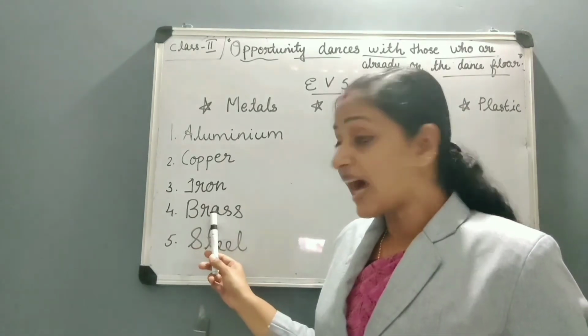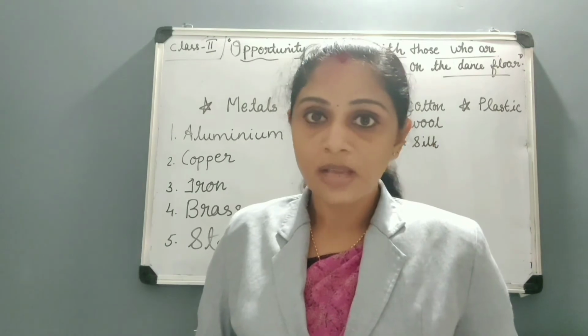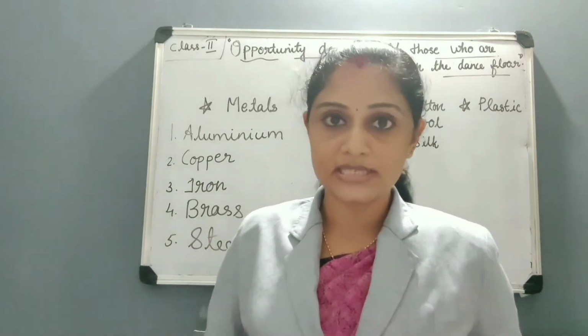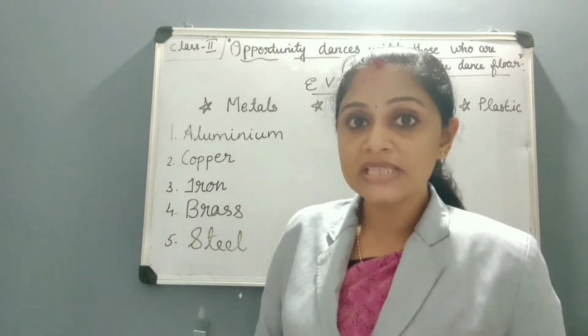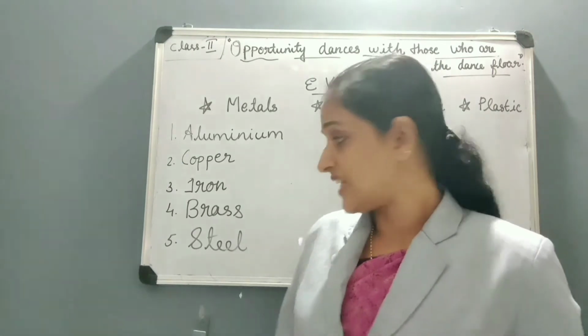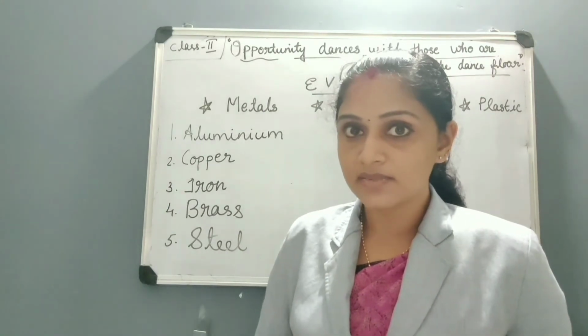And children, this brass and steel are made in the factories because these two metals are a mixture of some other metals. For example, brass is a mixture of copper and zinc. That is why brass and steel are made in the factories.